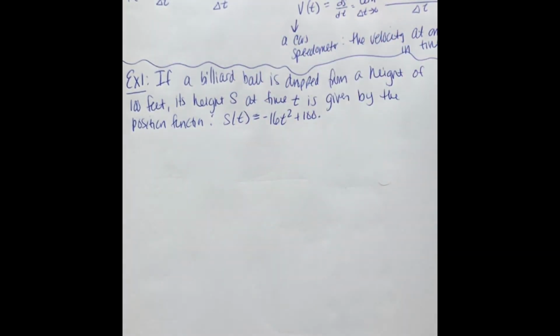All right, so if a billiard ball is dropped from a height of 100 feet, its height S at time t is given by the position function S of t is equal to negative 16 t squared plus 100.